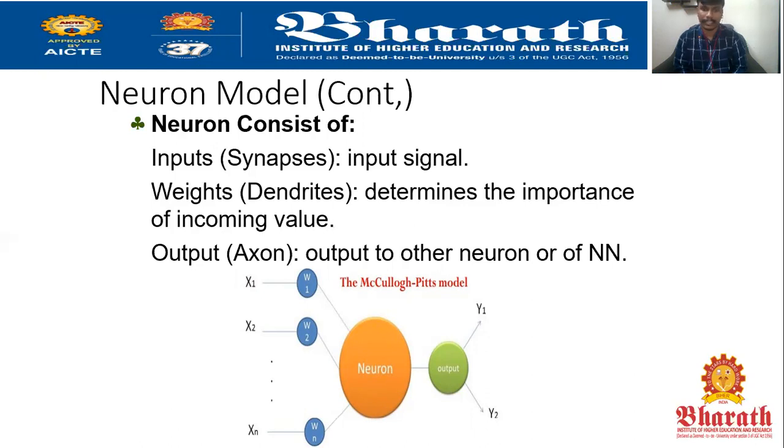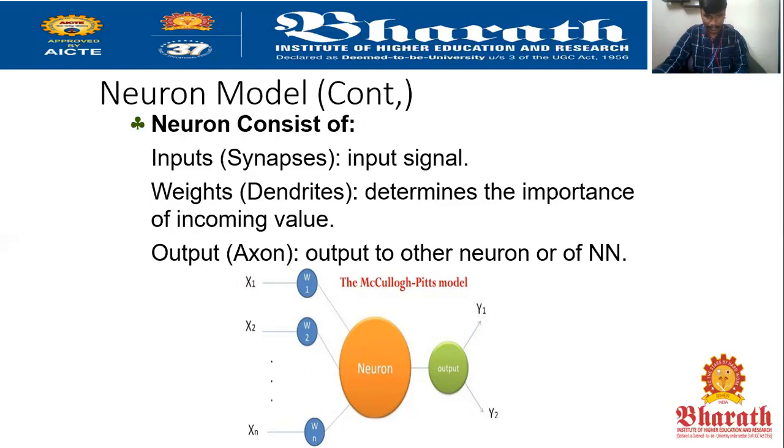Weights are termed dendrites, where they provide importance to the incoming signal which is received by the synapses, called input. Then output is known as the axon, where the processed signal will be transmitted from one neuron to another neuron.